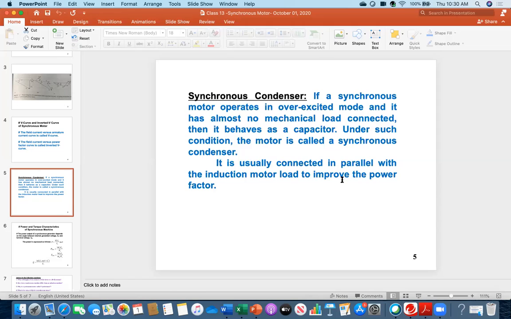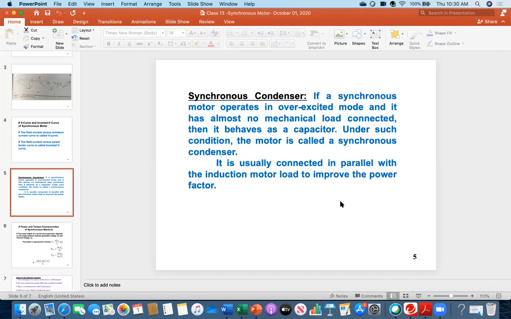And what is the application? The application is that it is connected in parallel to the induction motor. This induction motor is mostly the industrial load, a huge induction motor. Now you might argue, why would I connect the synchronous condenser because it is rotating? If you can use a simple capacitor in parallel to the induction motor, no problem, but the size will be huge.